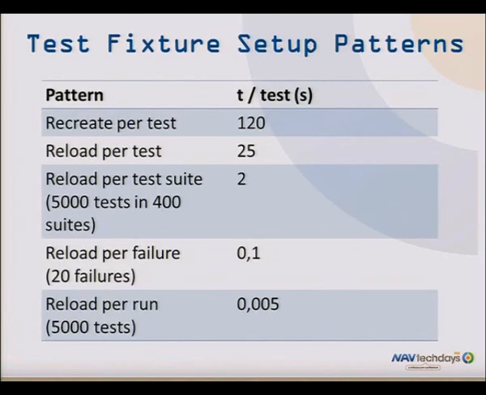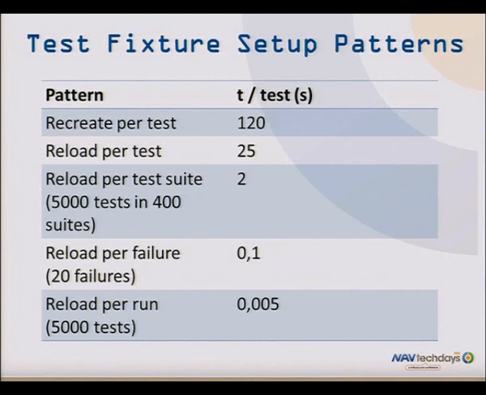This is some interesting data about different approaches regarding restoring the database, restoring the test fixture to a known state. We tried different approaches internally. We started out by recreating all the test data, the demonstration data, after each test. We use a tool for that, and it takes 2 minutes to execute.